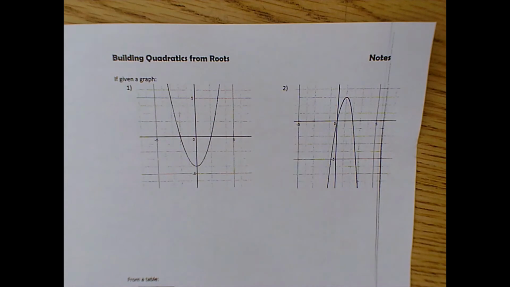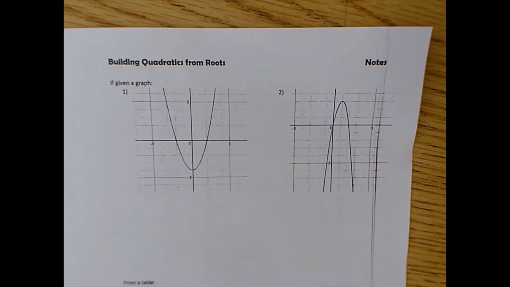So what happens if you have to write the equation of the quadratic and you're given the graph, or maybe you're given the table? Well, you can actually do it the same way if you can find the x-intercepts. And so if you can find the x-intercepts, you'll just do it the exact same way that we did it in the other video.